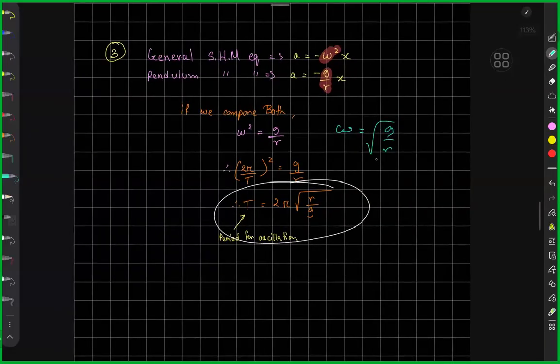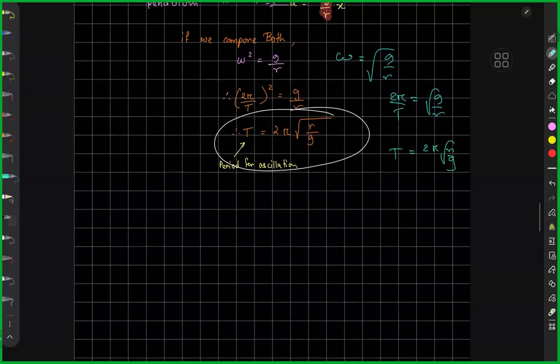So 2 pi by T is root over g by r. So my time period is simply 2 pi root over r by g. So if this is the time period, my frequency is 1 by 2 pi root over g by r.